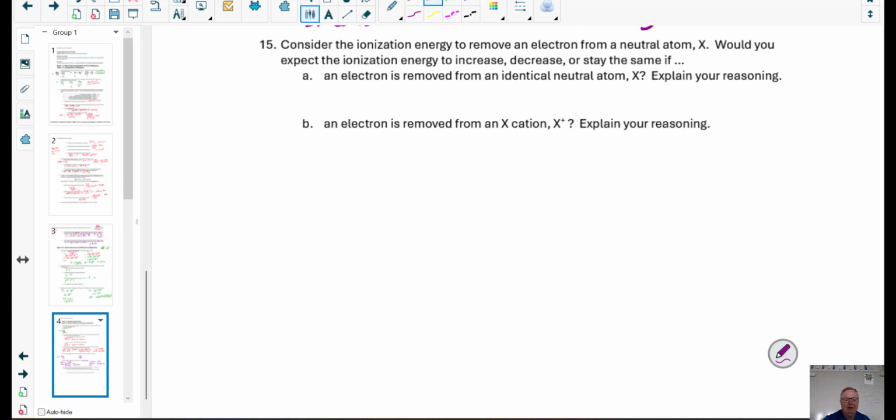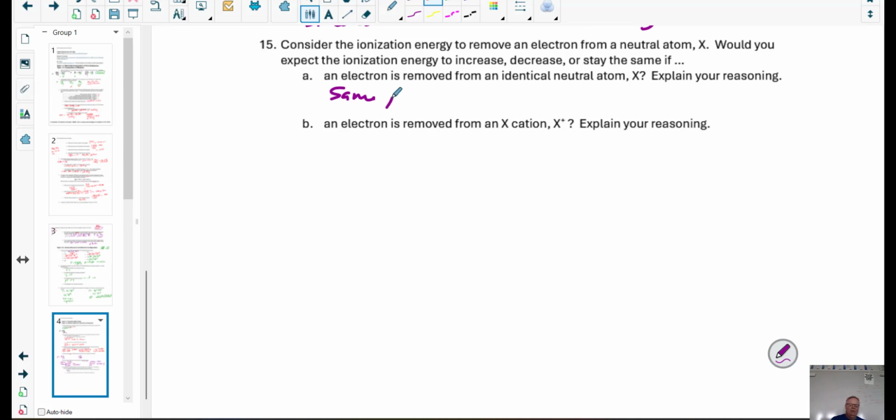All right, so here for 15A, if you remove an electron from an identical neutral atom, so chlorine versus chlorine, obviously this is going to be the same, because why?